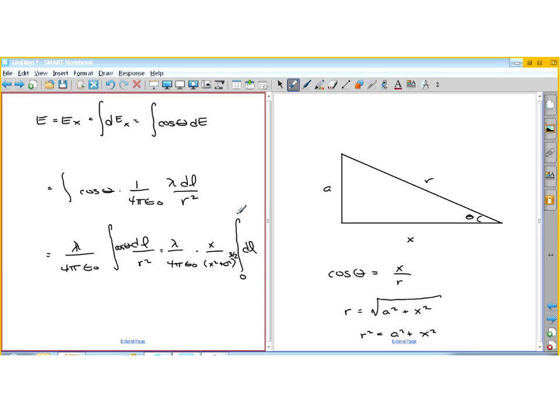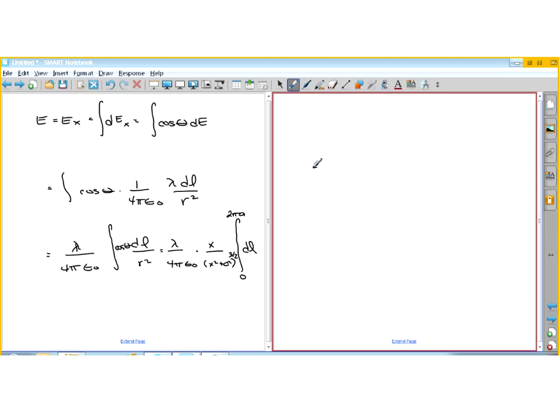We integrate that from 0 to the total circumference, which is 2 pi a. So we'll get lambda over 4 pi epsilon 0 times x over x squared plus a squared to the 3/2 power.